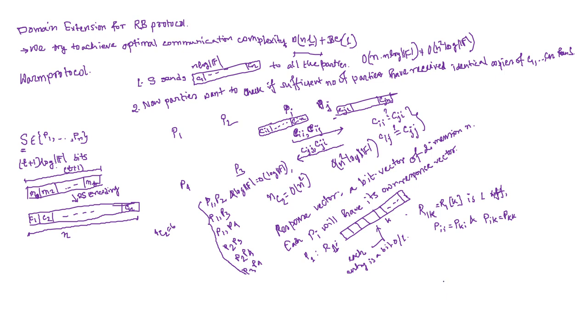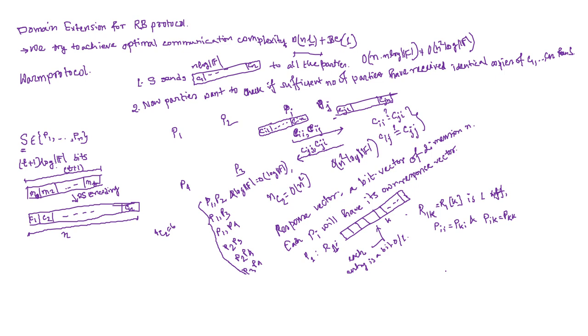Now after this phase is done, all the parties will broadcast their own response vector, right? So they make the response vectors public.